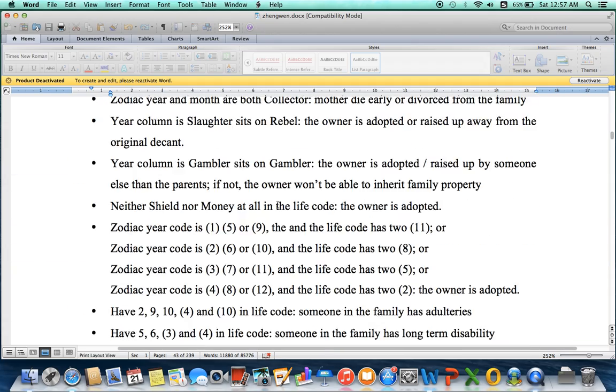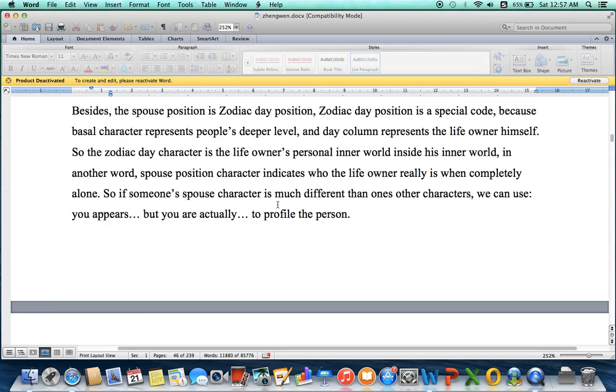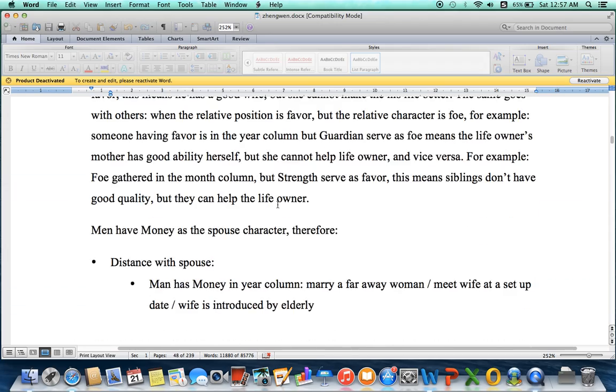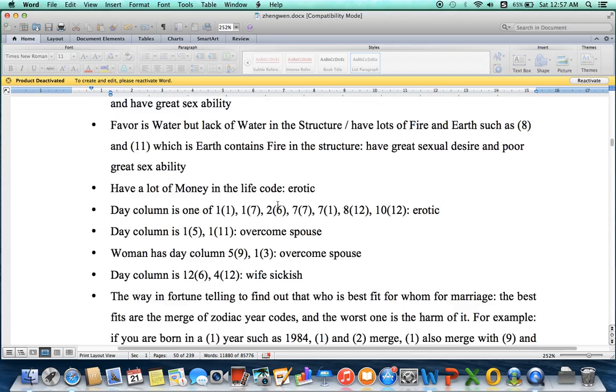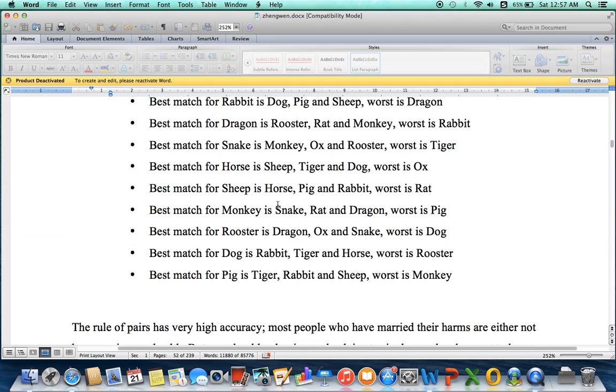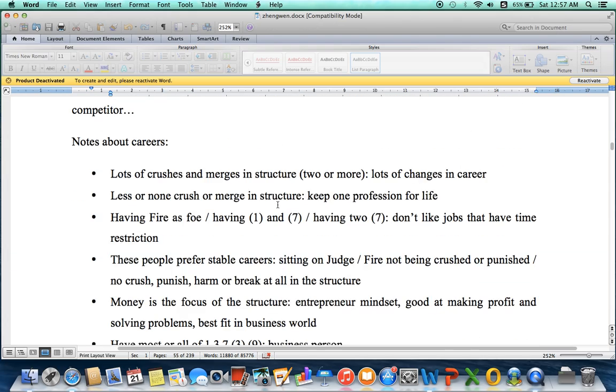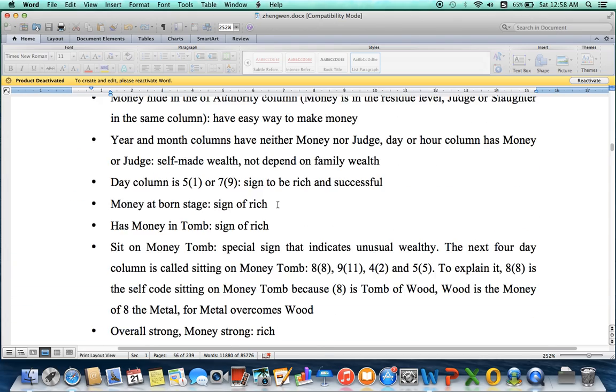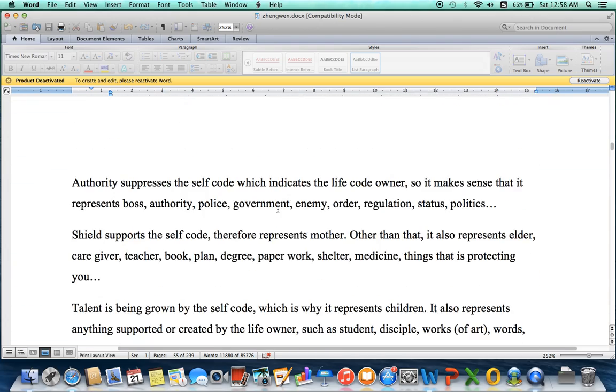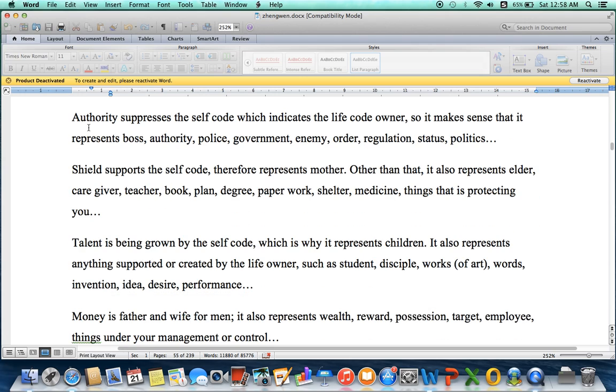Let me get to that part first. Okay, so authority suppresses the self code, which indicates the self code owner because the self code represents me.